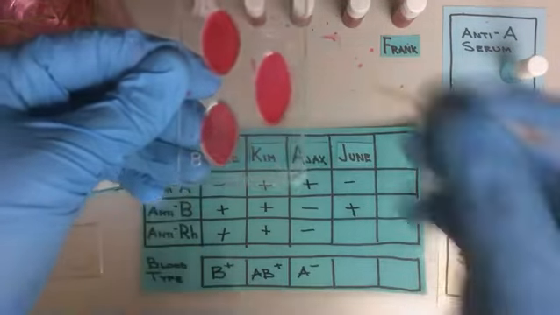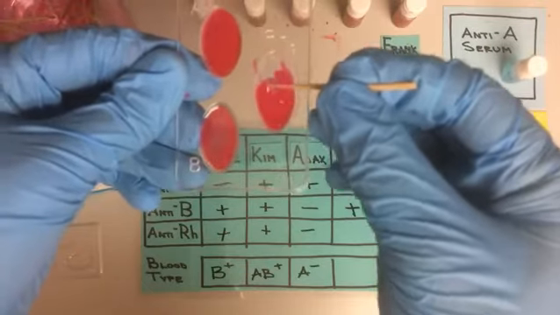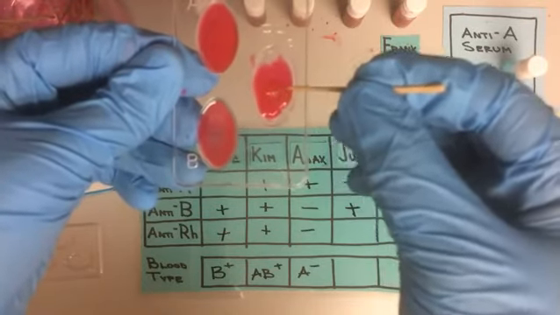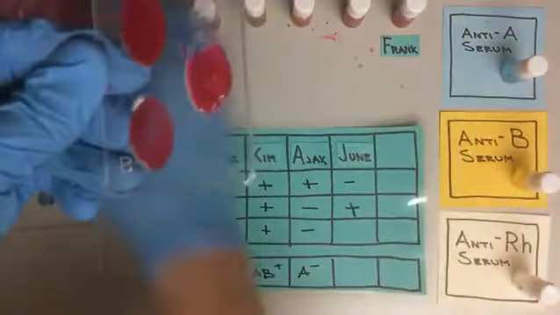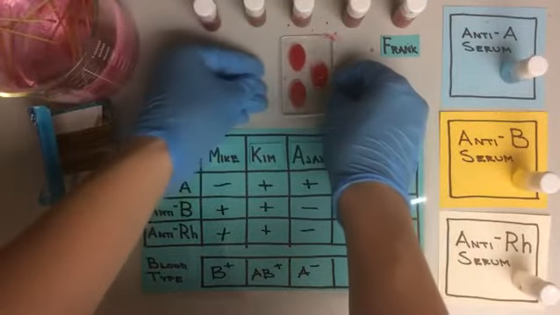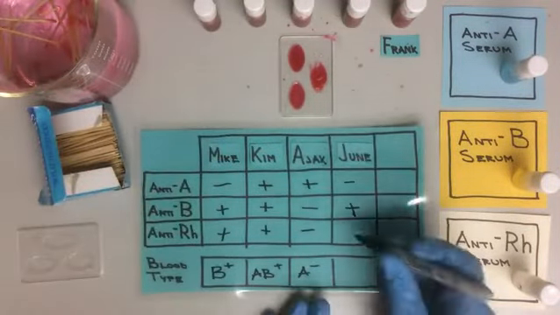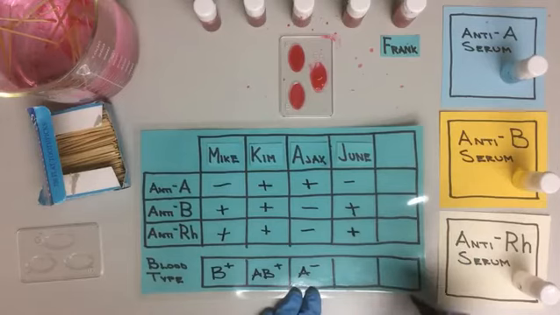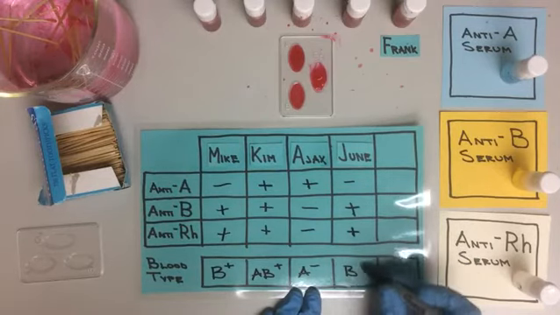Some agglutination has occurred. This makes June B positive.